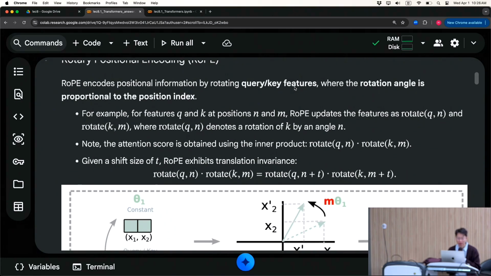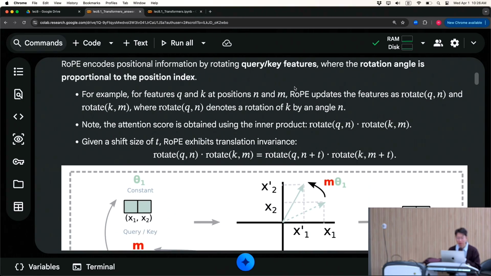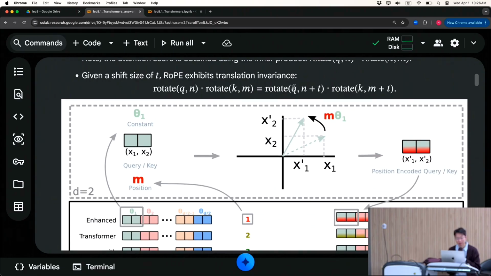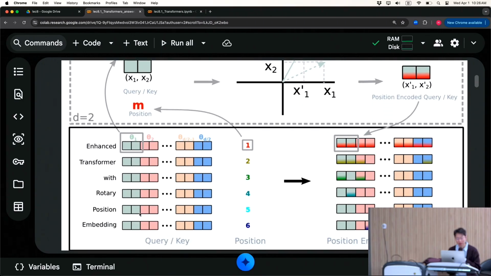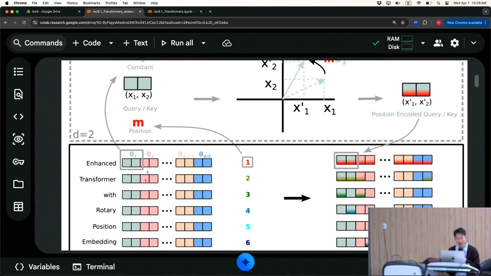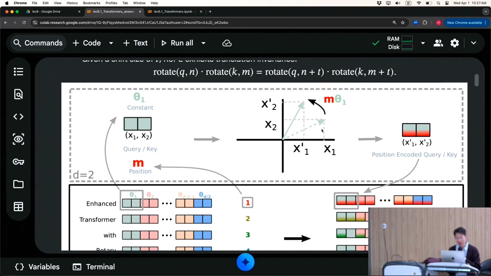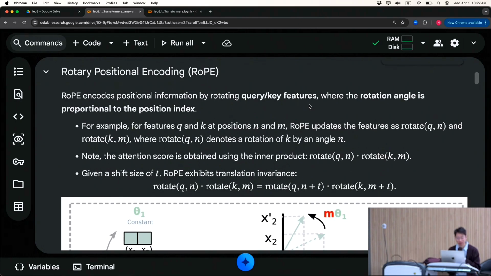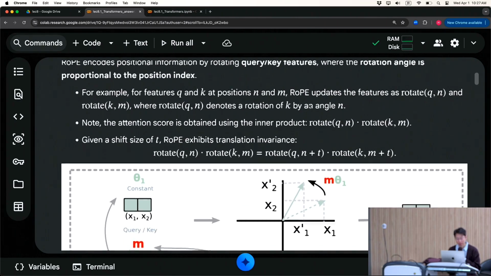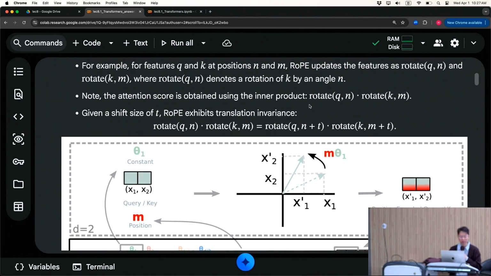And the idea is pretty straightforward. You take your key and query vectors, slice them by pair. So you take each 2 consecutive dimensions and apply rotation.